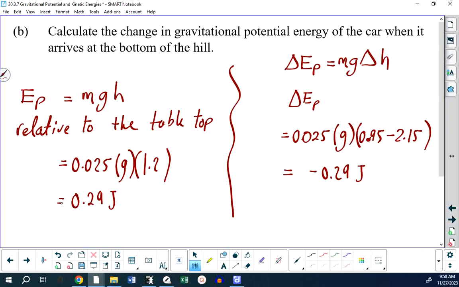Quick question for you. If this car rolls down the hill and it loses 0.29 joules of gravitational potential energy, where did it go? You know, if I lose money, if I go out on a Saturday night and I lose money, it went somewhere. I have less money afterwards, it had to have gone somewhere. What if I told you it was frictionless?